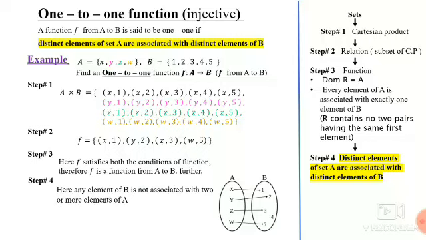So we can say that any element of B is not associated with two or more elements of A. So the function which we have considered is actually a one-to-one function. In other words, the elements of B, the second elements, are not repeated.